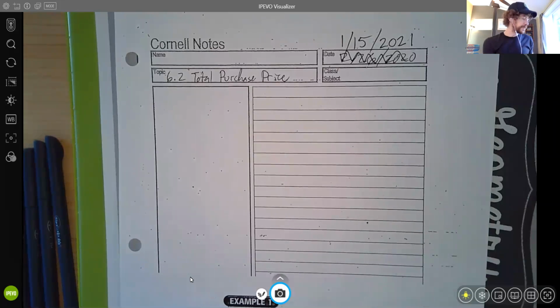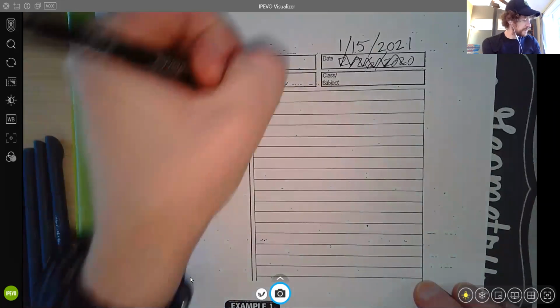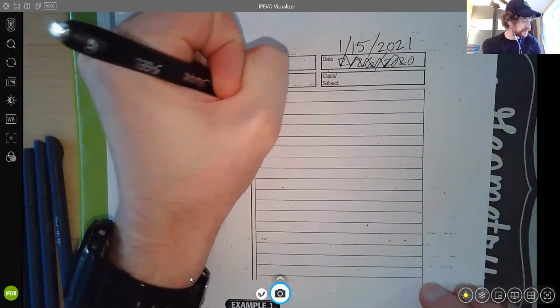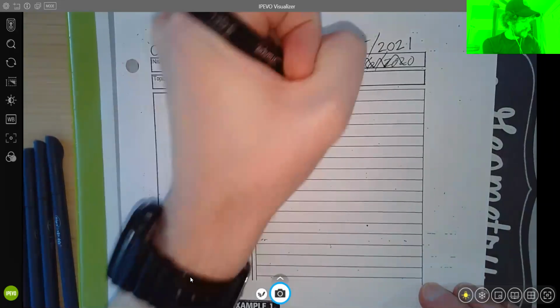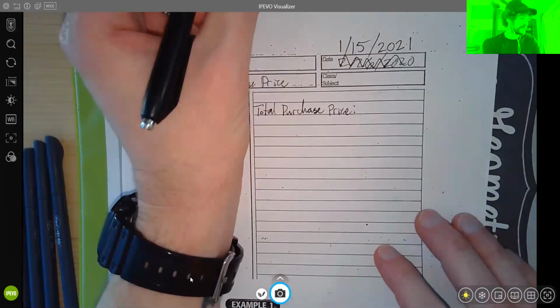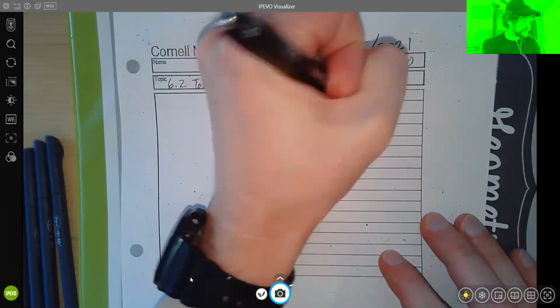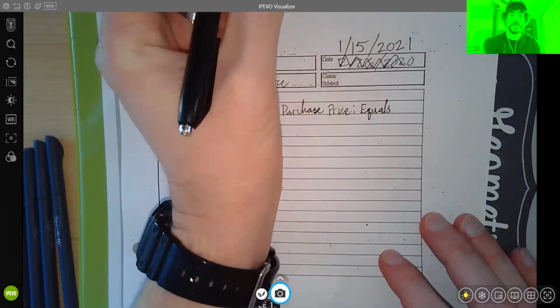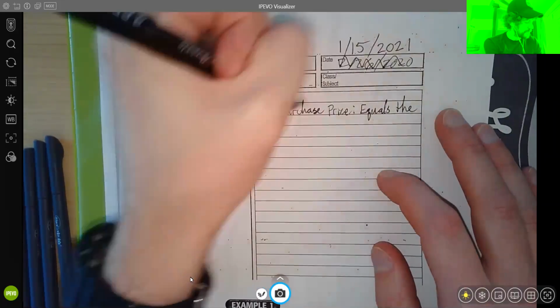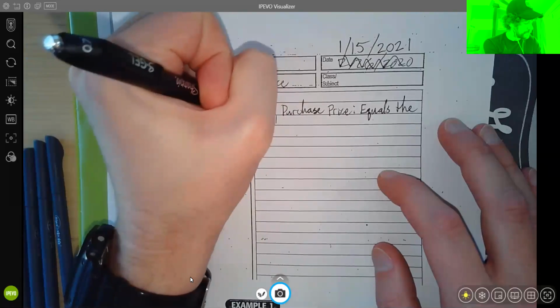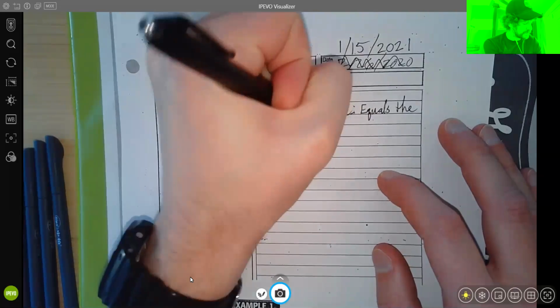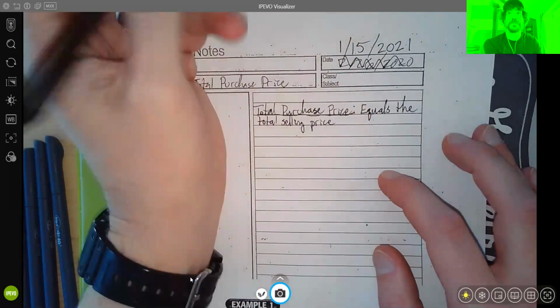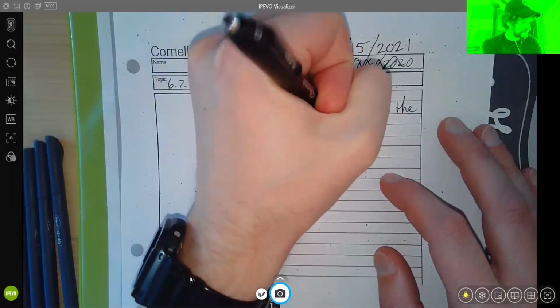For total purchase price, I'm just going to do a quick little definition. Total purchase price equals the total selling price plus the sales tax.